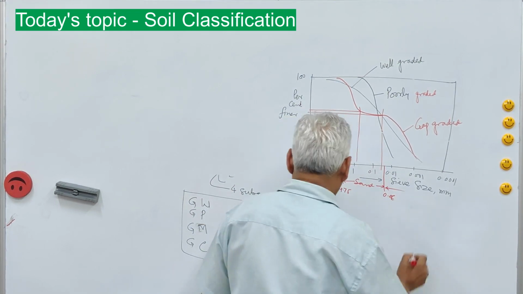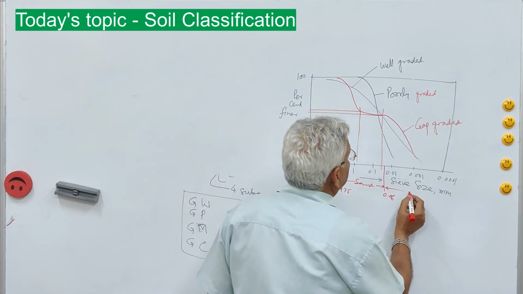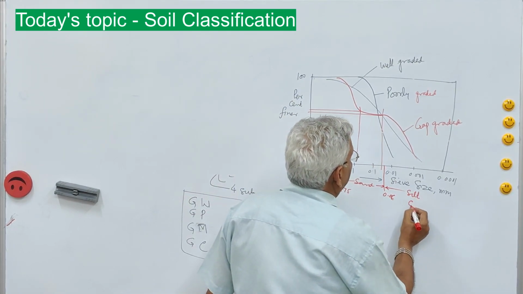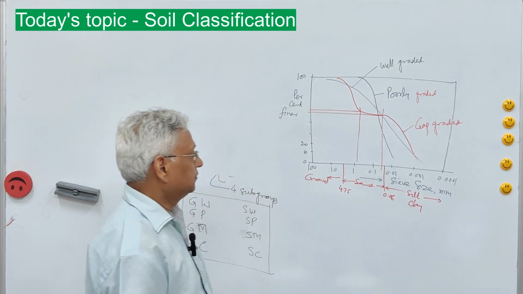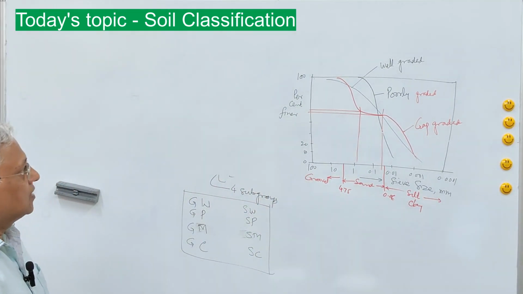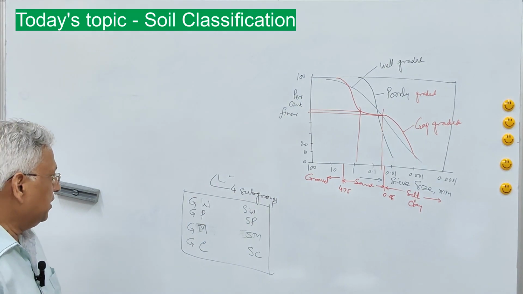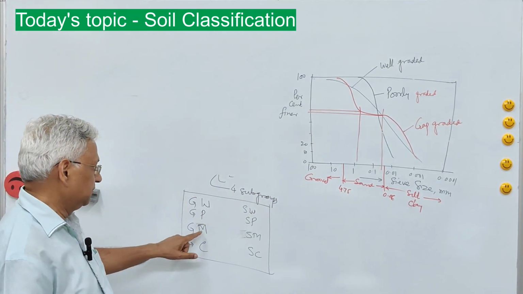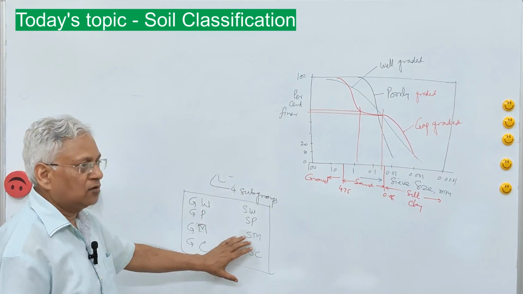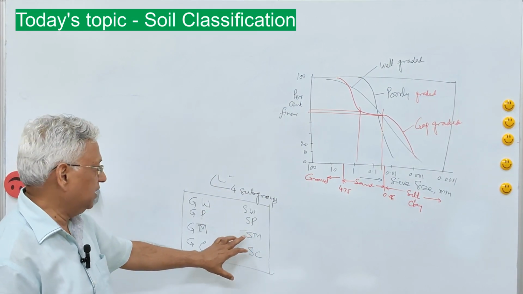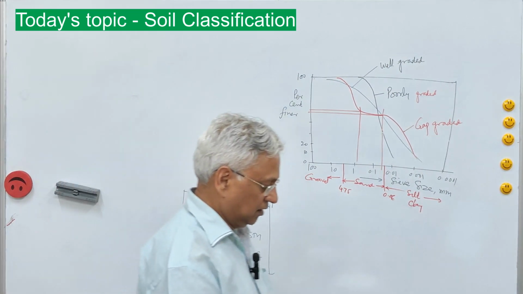And below 0.06, it is silt and clay. That is fine grained material. That is the grain size distribution. It can be well graded, poorly graded, a mixture of gravel and silt, and similarly in the case of sand also, SW, SP, SM or SC.